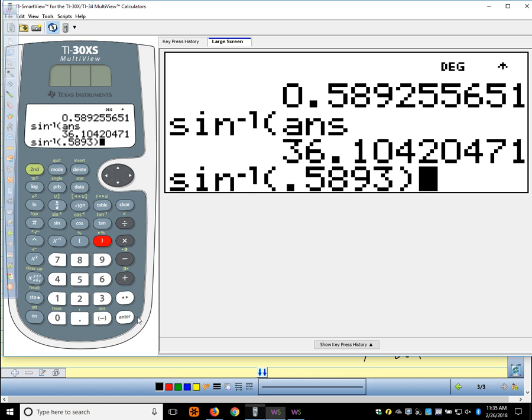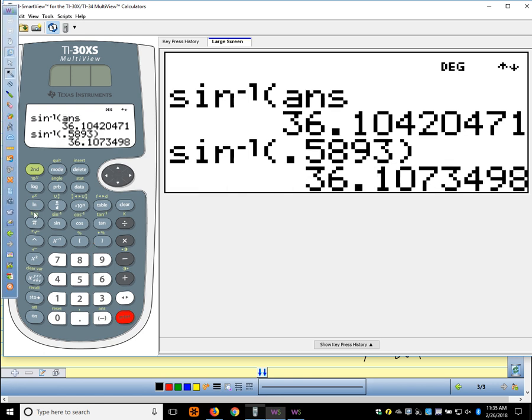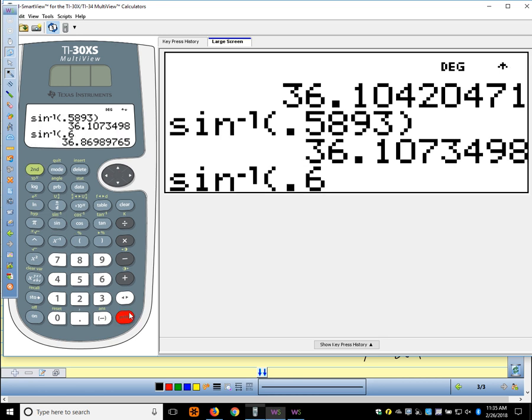And if I rounded this to 0.6, inverse sine of 0.6, I get 36.9. So that's quite a bit different. So that's why you want to keep 4 decimal places.